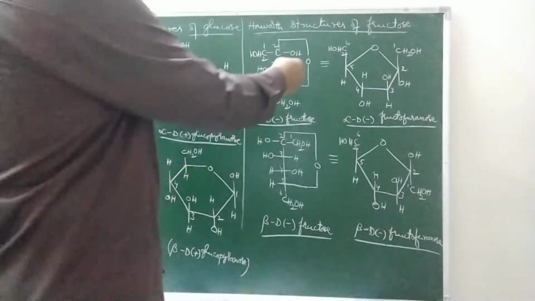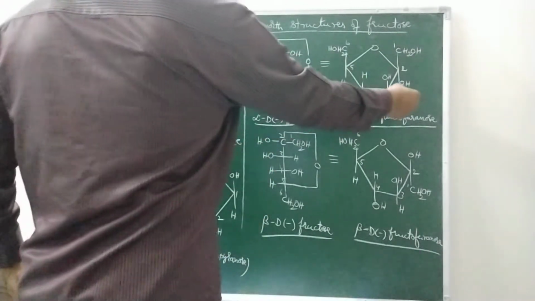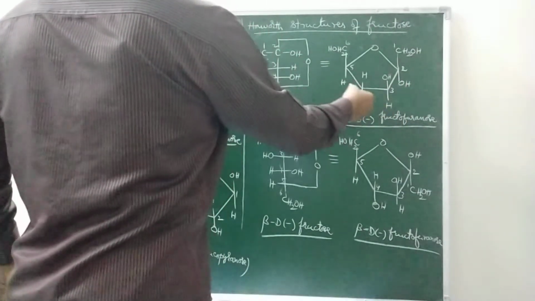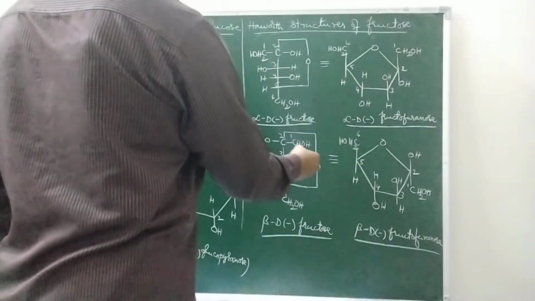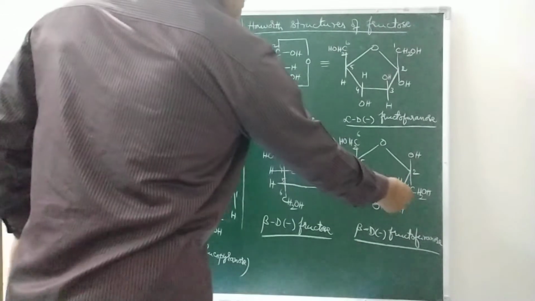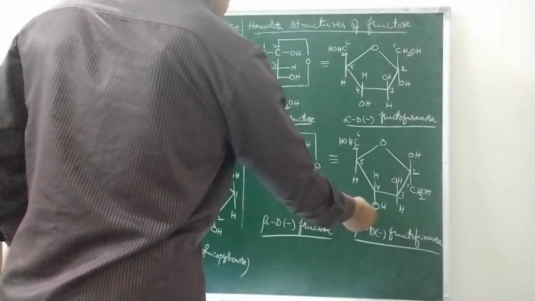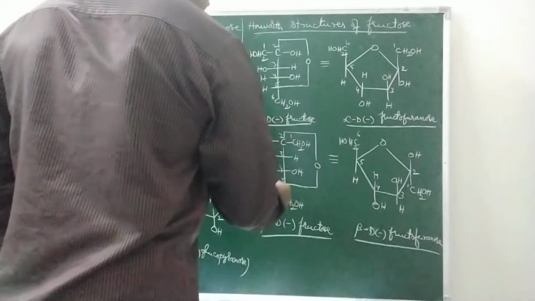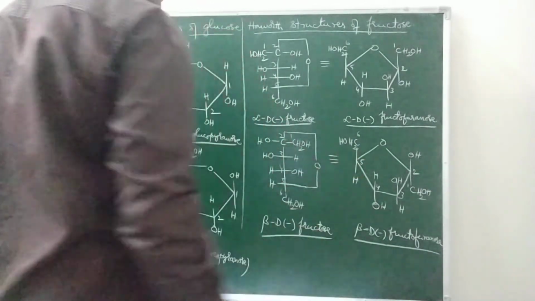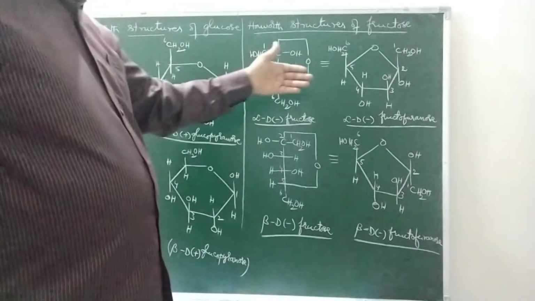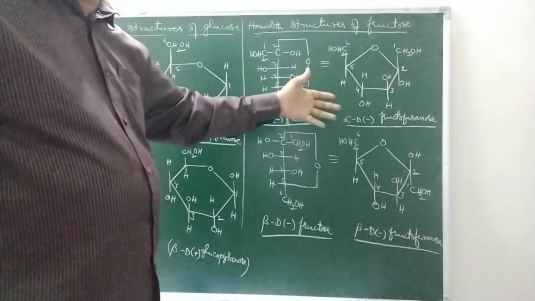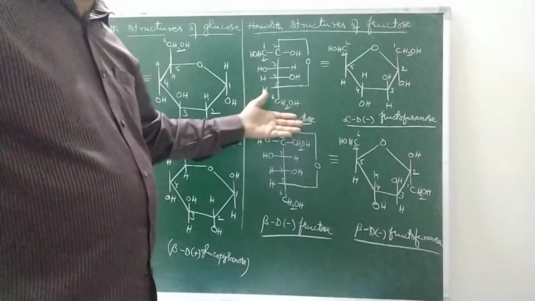So right handed atoms or groups are kept at the bottom. Similarly, here CH2OH is mentioned below, hydrogen is below, OH is below, and hydrogen, of course, on the fifth carbon will be at the bottom. So these are the pyranose structures. Please make the corrections, right?